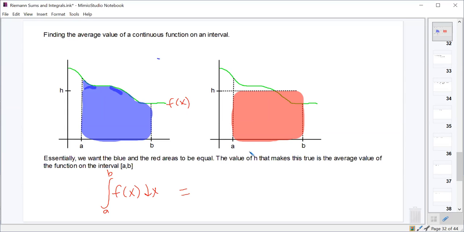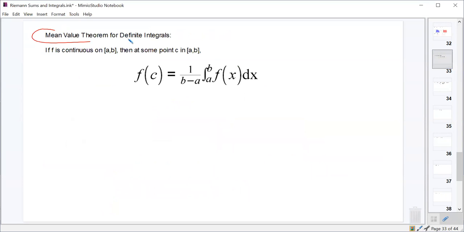And the red area ought to be the length B minus A times H. And if we want H, we just divide by B minus A. And that gives us what we call the mean value theorem for definite integrals, that the average value of the function, or H or f of c, is equal to 1 over B minus A times the integral from A to B of our function.